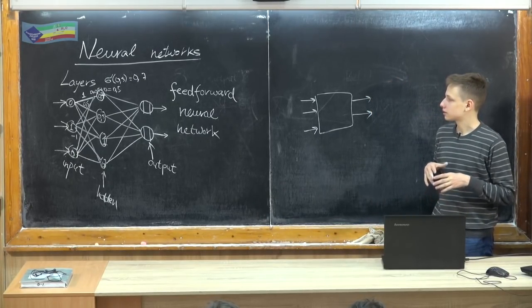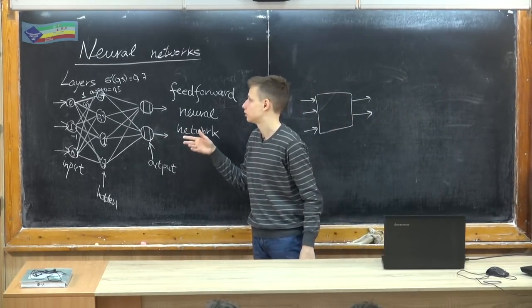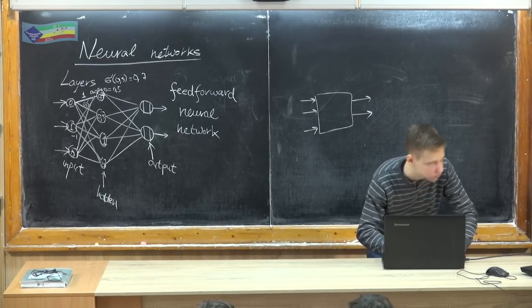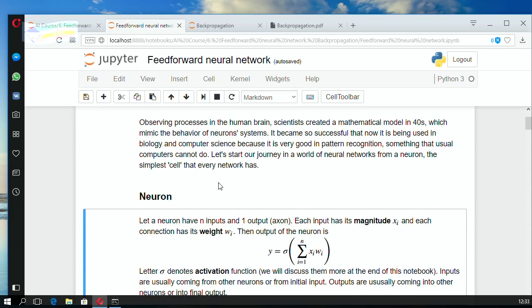So let's try to code and create this shell of a neural network. So first, we have our Jupyter notebook, and let's scroll down a bit.